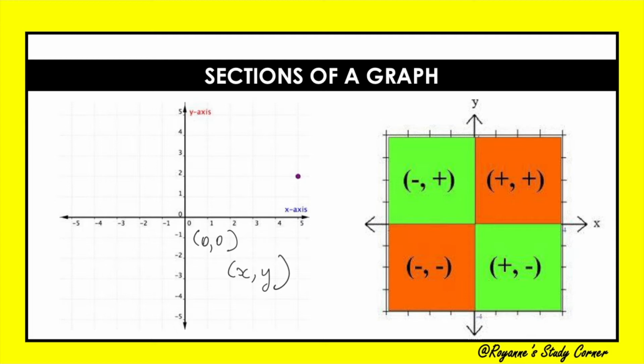So if we are looking at this point here now, and we're trying to figure out what exactly is the location or the coordinate of that point, we look along our x-axis, we come down, and then we see, okay, this is in line with 5, which means we can write 5 as our x value, and then we go up along our y-axis, or parallel to our y-axis, and we see that that is where y is 2.